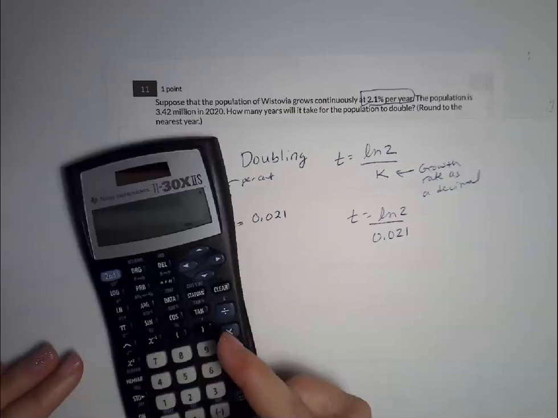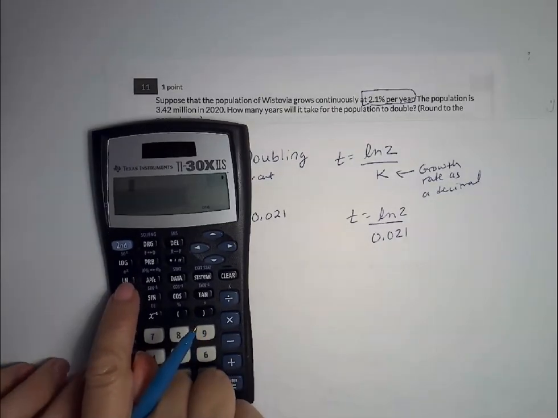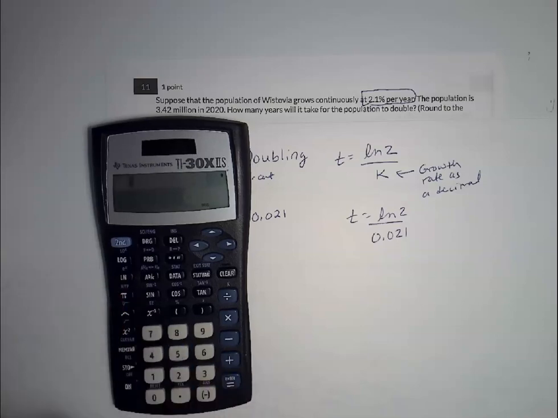Now the ln button on our calculator is right here. Make sure if you're using a different calculator, you know where it is. On Desmos, let me look and see where it is. I believe it's the function key, but I believe you can also just type in ln. Let me just check for you.